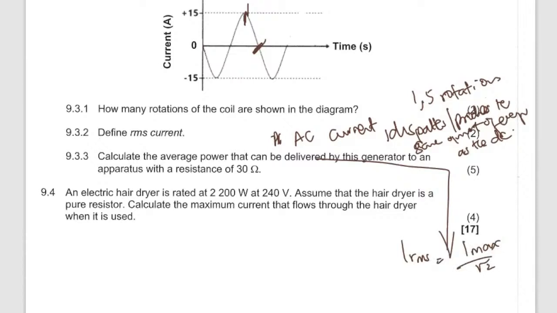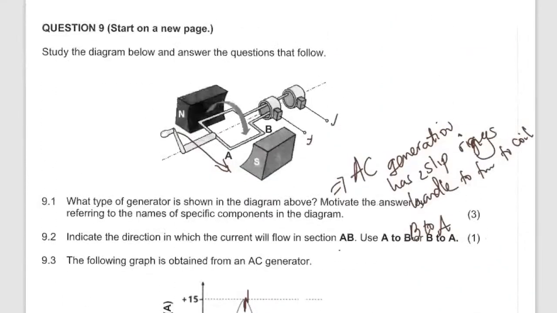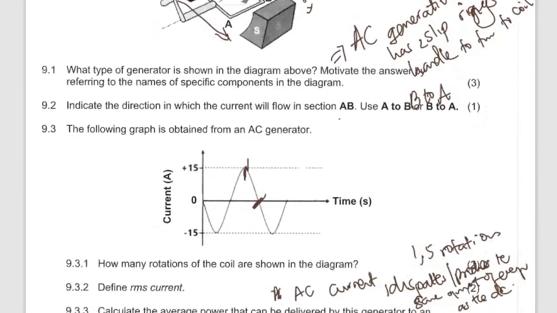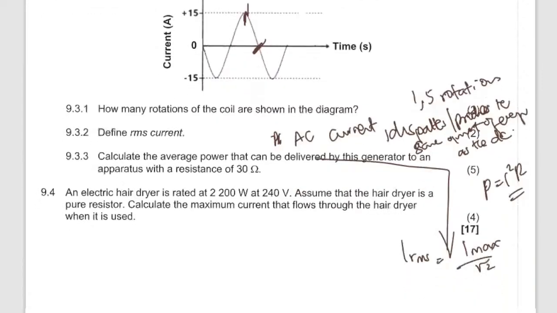And we know that power can be given as I squared R. We need the current and the resistance, which the question gave us. We can see from the graph that the maximum current is 15. So we convert this maximum current, 15, over the square root of 2, square it, and then multiply it by the resistance.